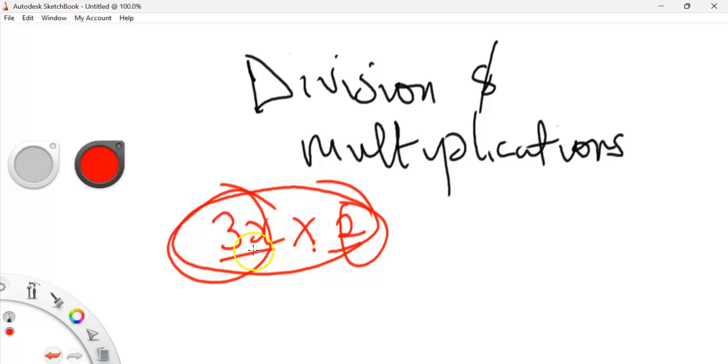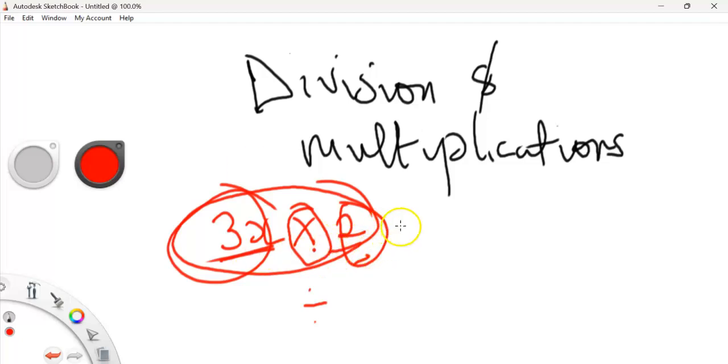Whether the fragments there look alike or not, whether both of them have the same letter or they don't, they are going to multiply together. Do you understand? Because they can easily multiply each other.